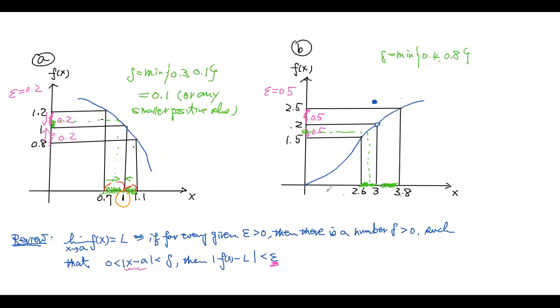Why 0.4 and 0.8? Because this distance is 0.4 and this distance is 0.8. So as long as x is in here, then I can find it. So I can find the delta equal to 0.4 or any smaller positive values here.